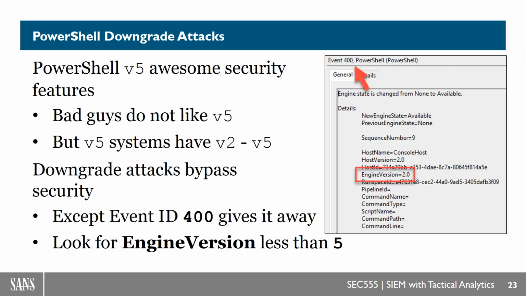Again, the PowerShell team has done a great job with GIA and all the other security modes, but the problem is they are for version 5 in most parts. So what some malware or some attackers will do is they'll actually invoke PowerShell with a different version because it's on your box.